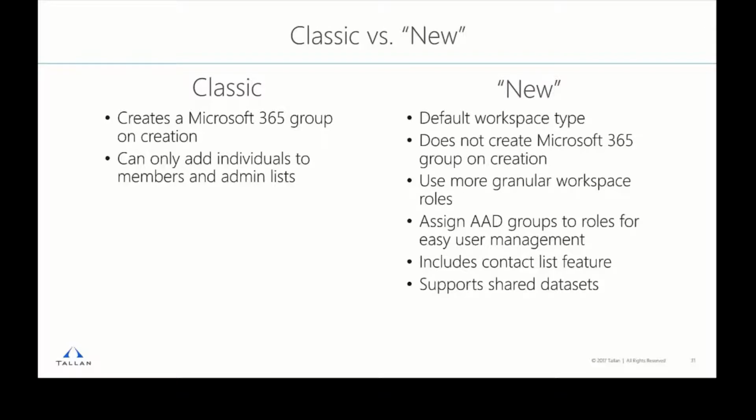And when I say group workspace, if you're leveraging the Power BI REST API, the results that you actually get back label these workspaces as groups. And the reason is that these workspaces are backed by a Microsoft 365 group. When you create a classic workspace, you're actually creating a Microsoft 365 group behind the scenes. These classic workspaces only have members and admins, so two roles.